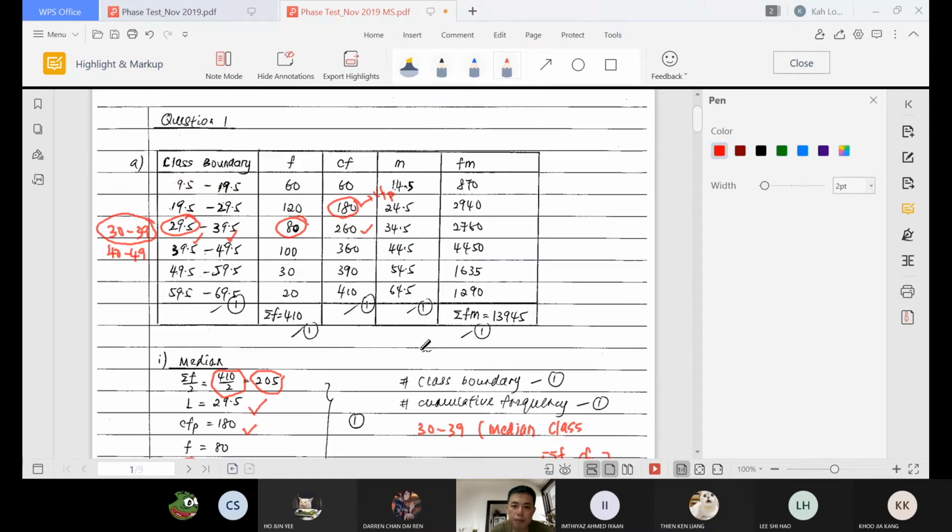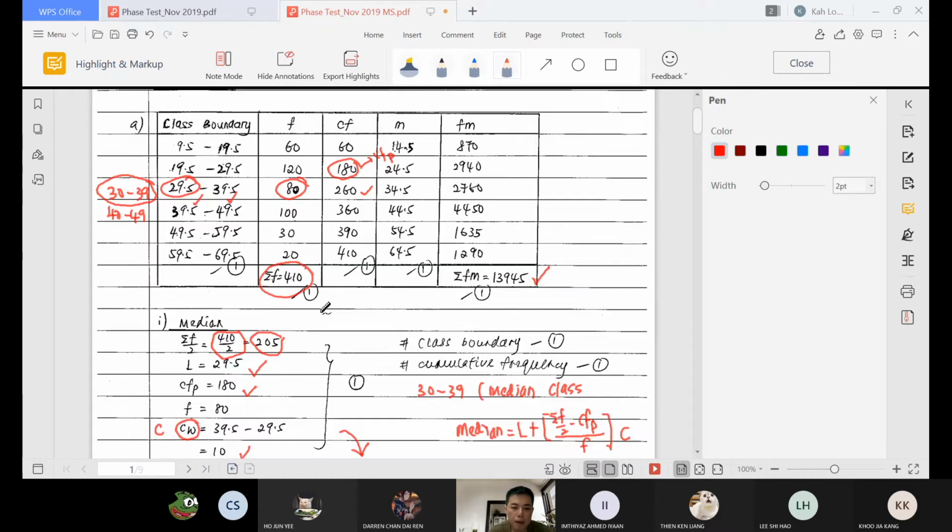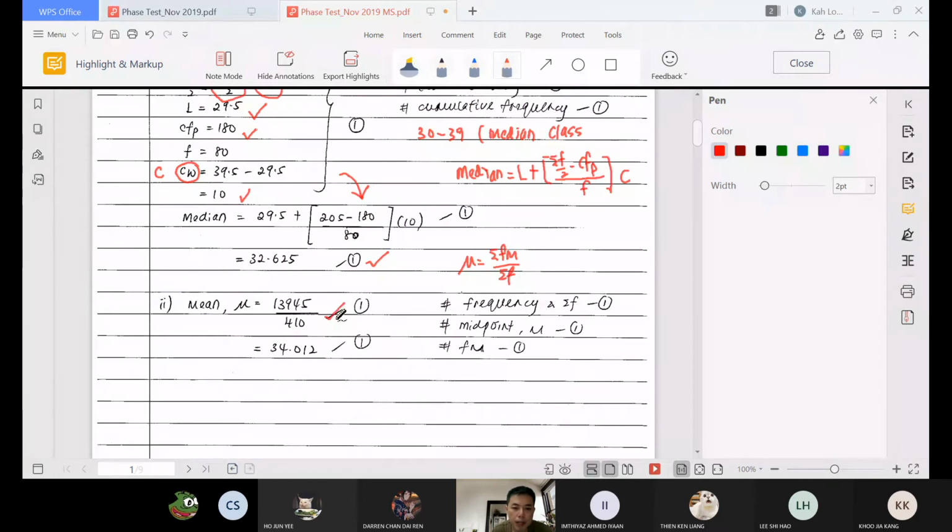After you get the frequency times midpoint, you have a total of 13945, divided by 410. So you get 34.012. So far, if you are clear, raise up your hand. Okay, put down your hand.